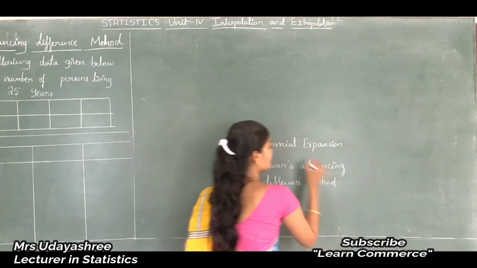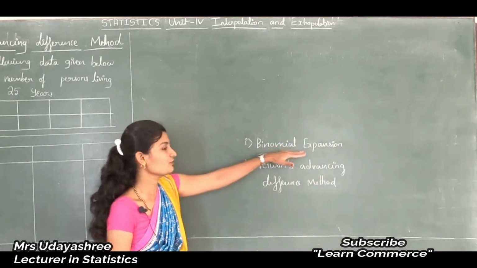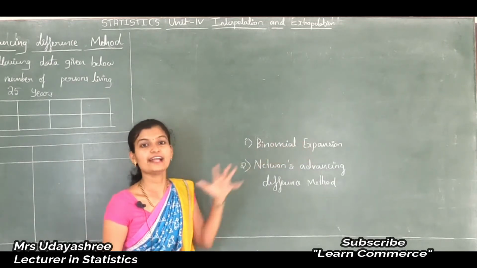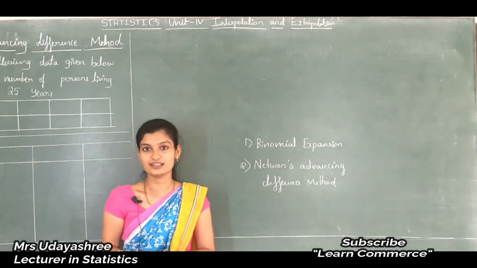These two are important techniques, or methods, of interpolation and extrapolation. In the binomial expansion method we had discussed that there are two conditions.